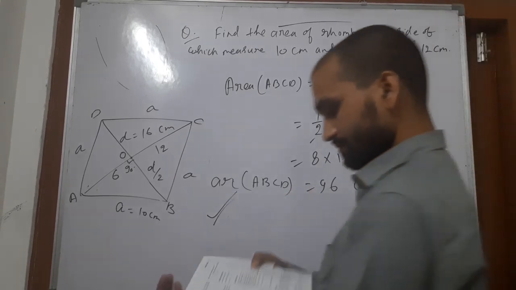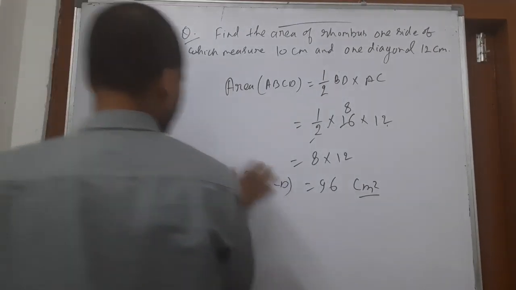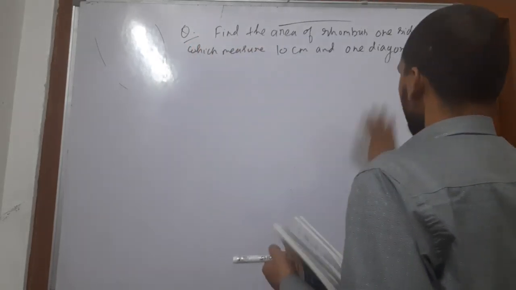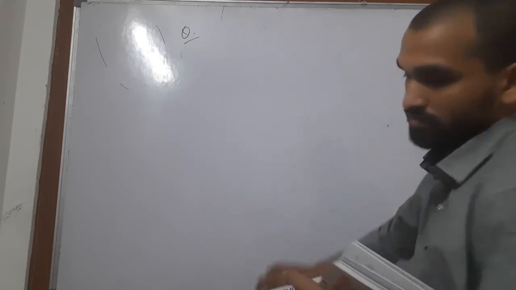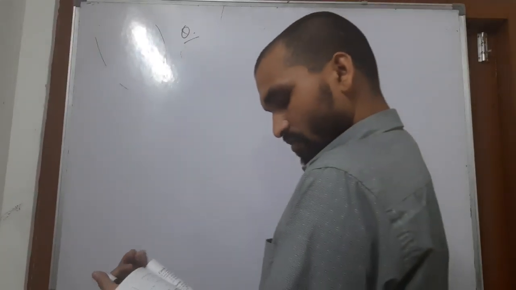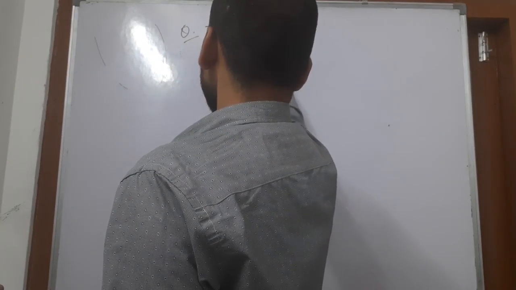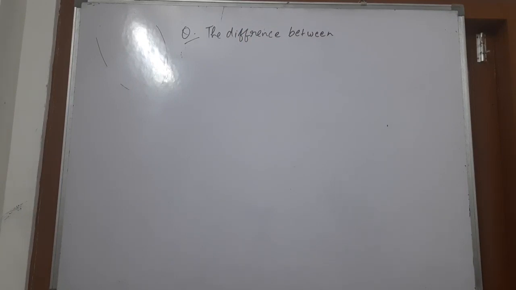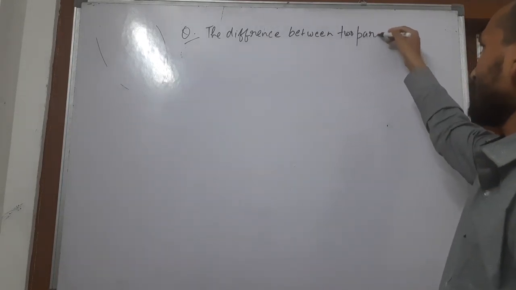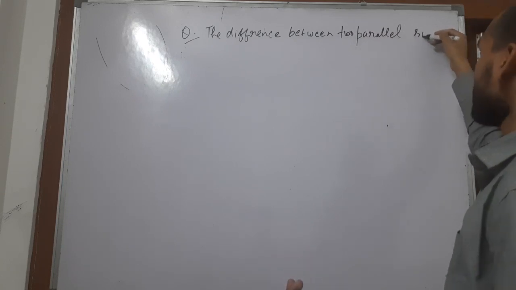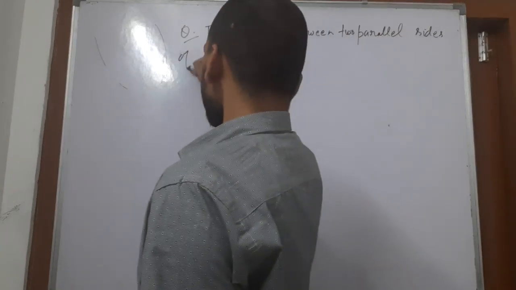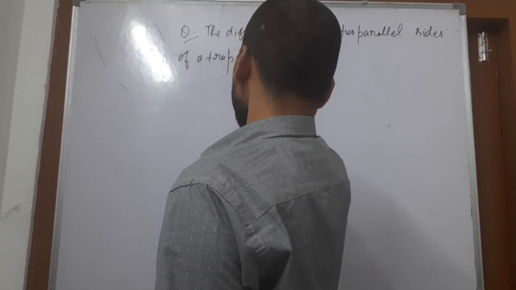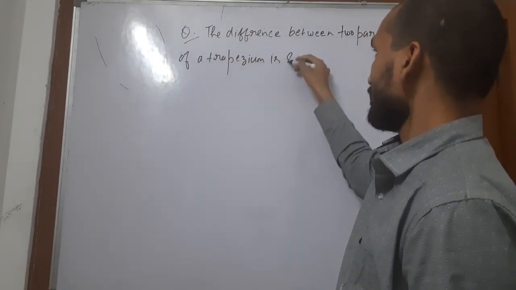Our next question is: the difference between two parallel sides of a trapezium is 8 centimeter.